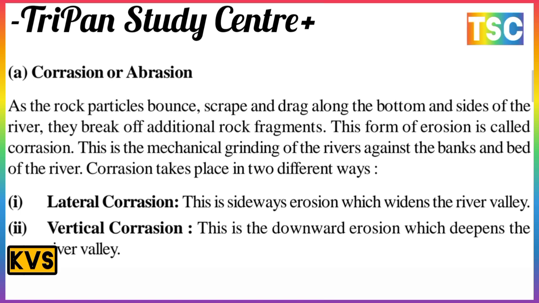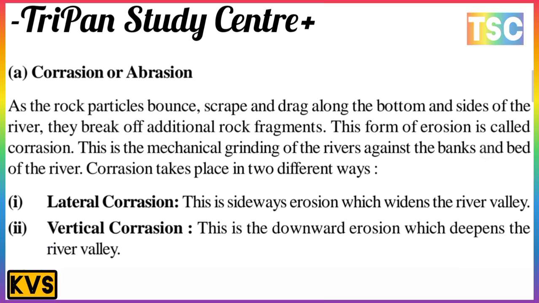Corrasion takes place in two different ways: lateral corrasion and vertical corrasion. The first is lateral corrasion, which is a sideways erosion that widens the river's valley. And second is vertical corrasion, which is the downward erosion that deepens the river valley.